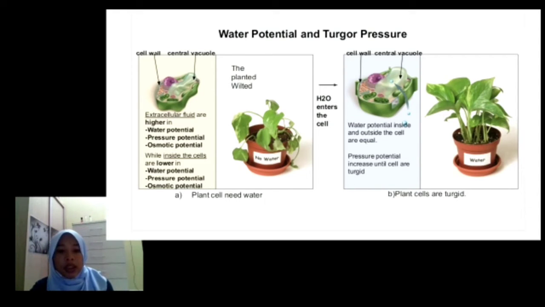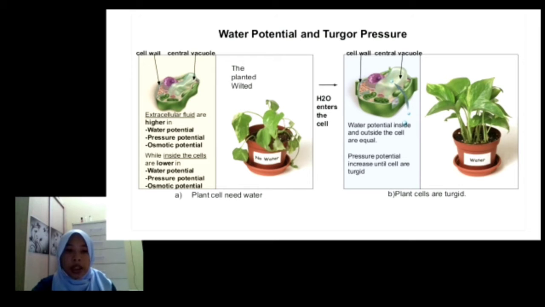Okay, here we can see the plant cells need water, and here we can see the plant cells are turgid. The plant cells need water because the extracellular fluid is higher in water potential, pressure potential and osmotic potential.